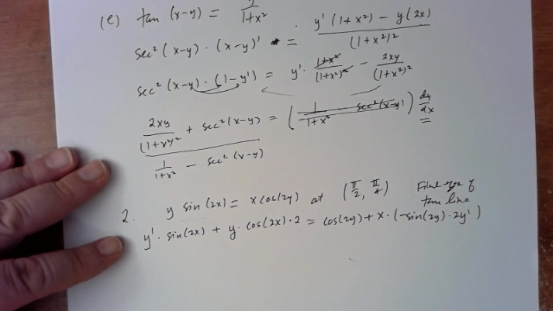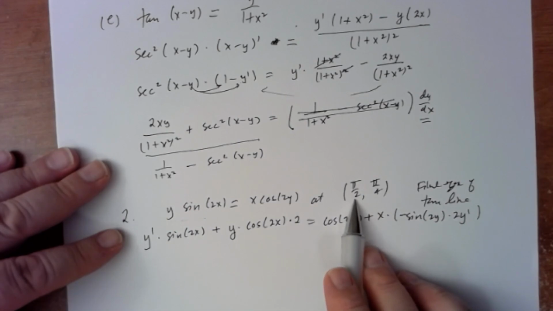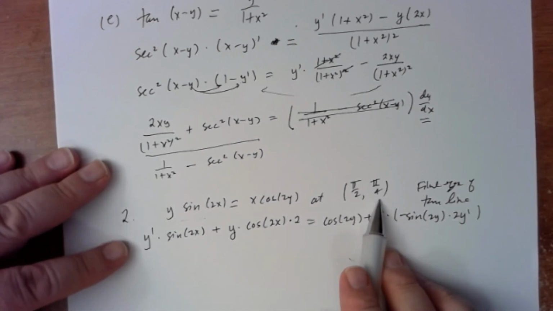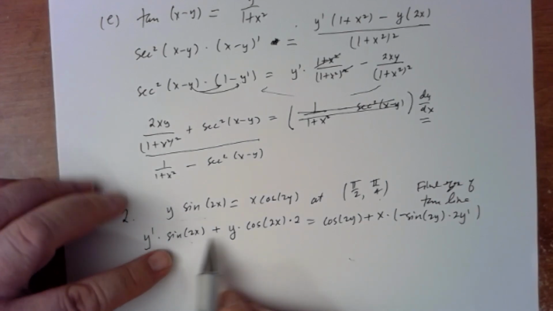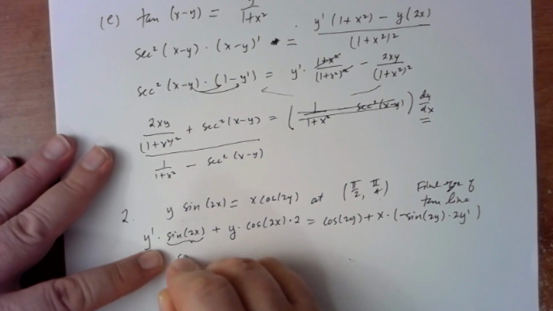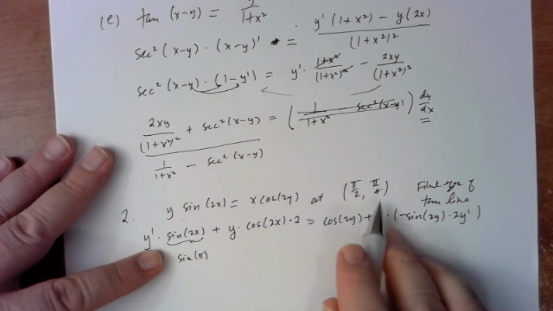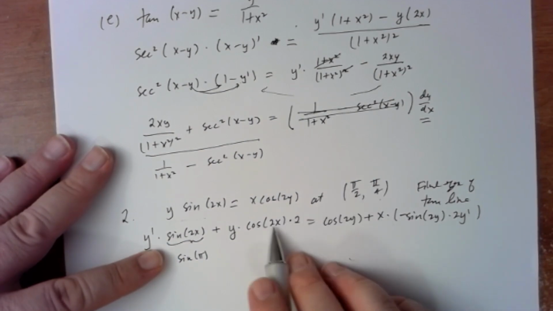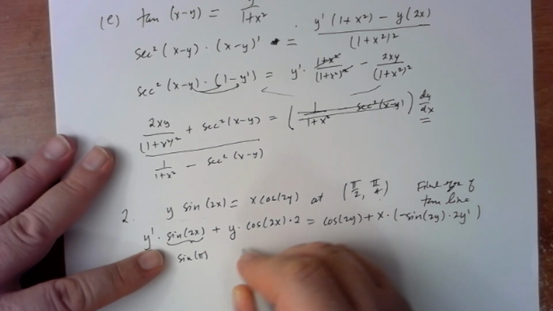Okay, and now let's just go ahead and put in our point. X is pi over 2 and y is pi over 4. So y prime is the unknown, so sine of 2 times pi over 2 is going to be sine of pi. Cosine of 2x is going to be cosine of 2 pi. So this is going to be y is pi over 4.